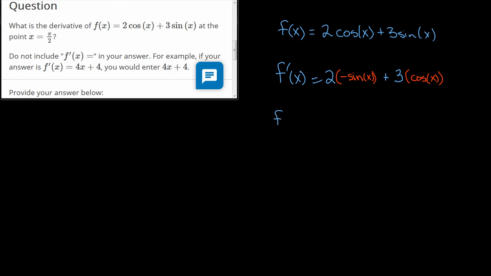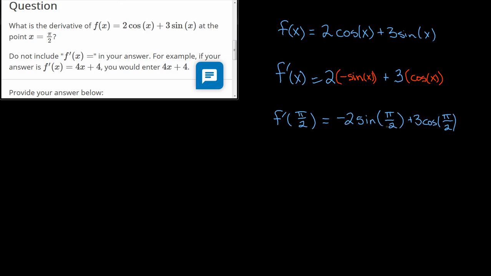So f prime of pi over 2 becomes negative 2 times the sine of pi over 2, plus 3 times the cosine of pi over 2.